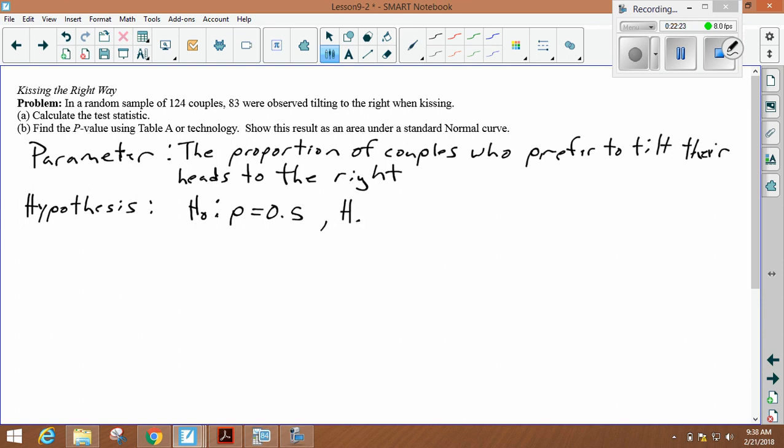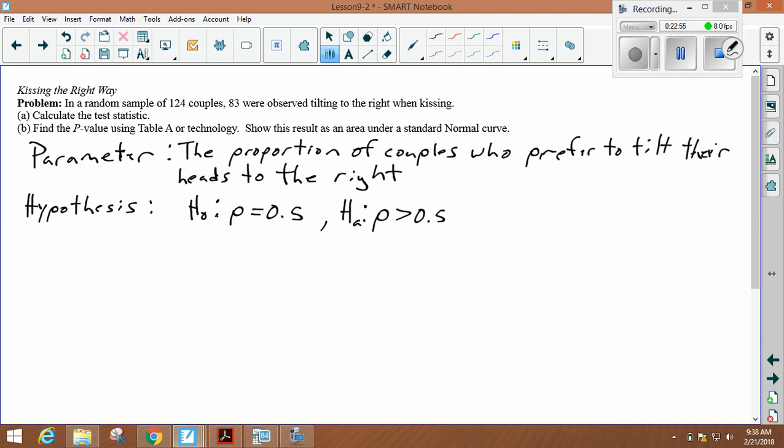And our alternative hypothesis is that the true proportion is actually greater than 0.5. So we're trying to find evidence against the statement that the true proportion is actually 0.5.